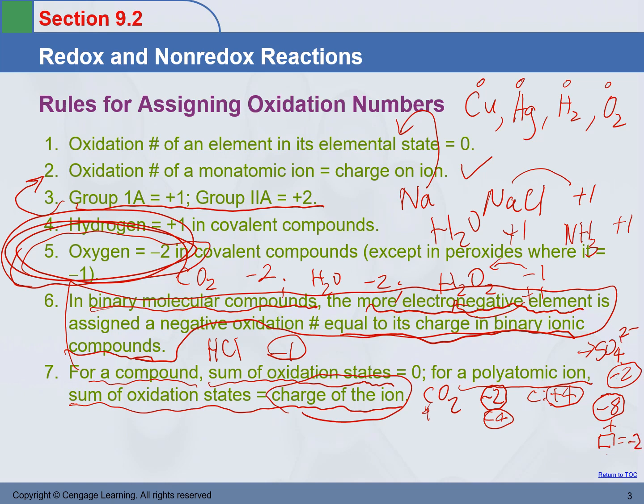So -8 plus the oxidation number of sulfur should equal -2. As a result, the sulfur oxidation number has to be +6. -8 plus 6 equals -2. The sum of the oxidation numbers for a polyatomic ion equals the charge of the ion.